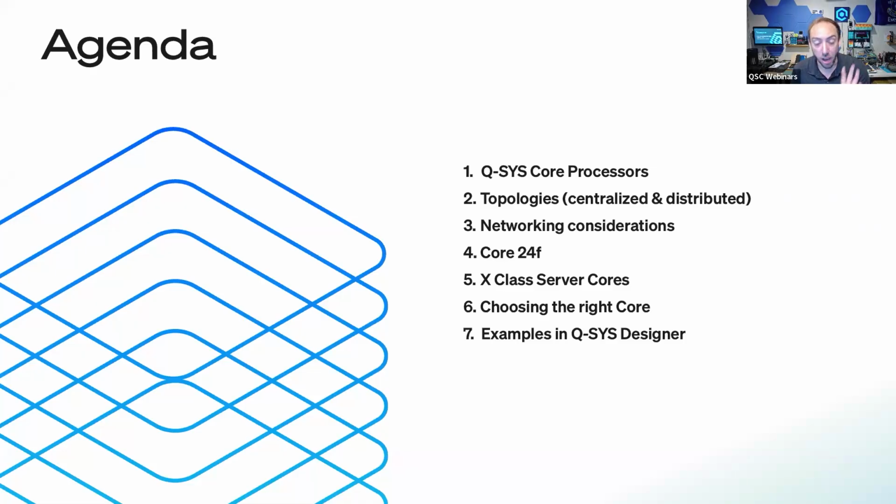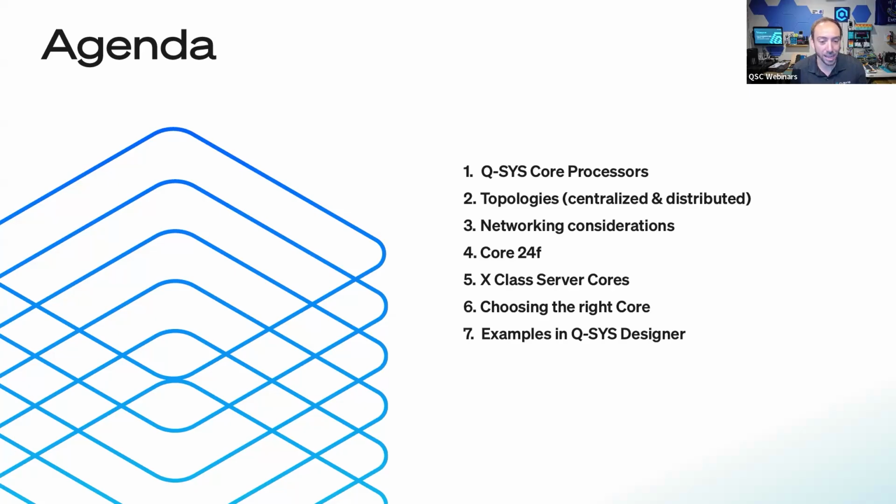So we've got a few items on the agenda today. We'll start with just a general overview of what a Q-SYS core processor is. We'll talk about different types of system topologies and how to lay out your Q-SYS cores across a large network or a small network, some additional information about networking, and then we'll get into the new Q-SYS cores, both the appliance core 24F and the X-class server cores.